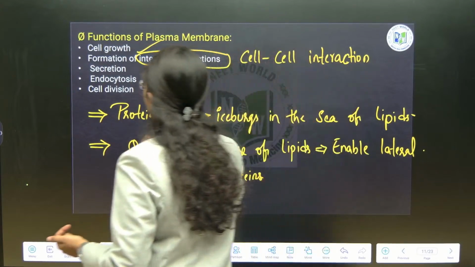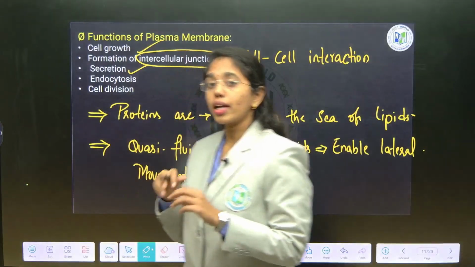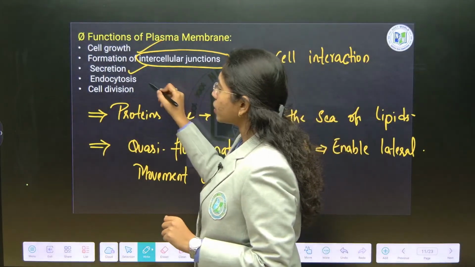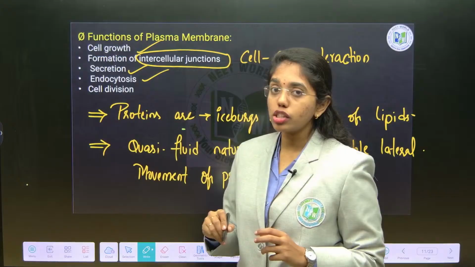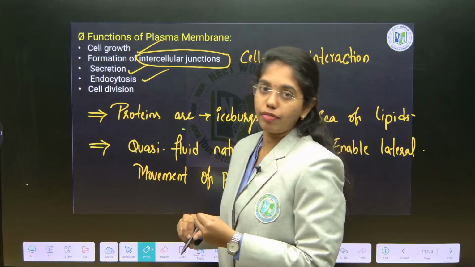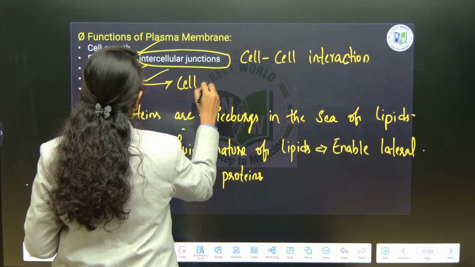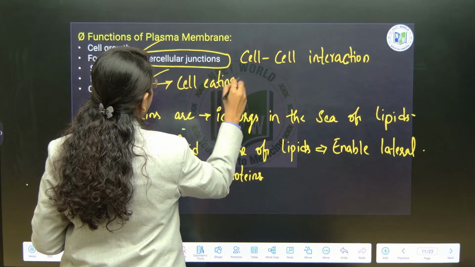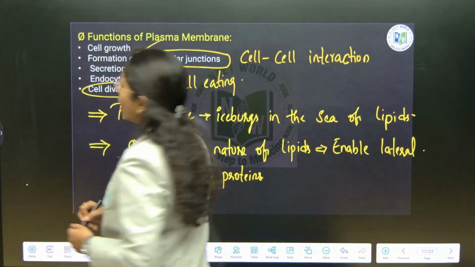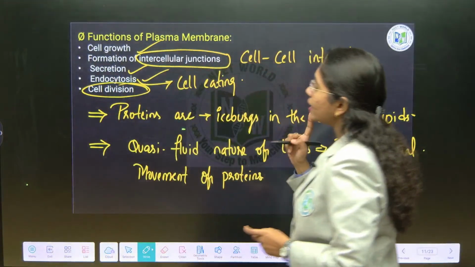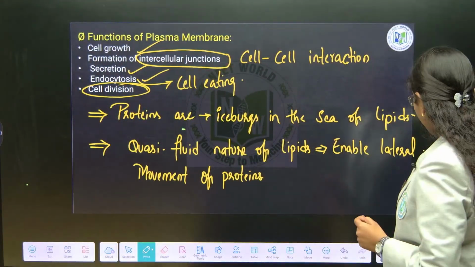Next is secretion, and then endocytosis, that is cell engulfing, which is also addressed as cell eating. And then it is also helpful in cell division. These are the major functions of plasma membrane.